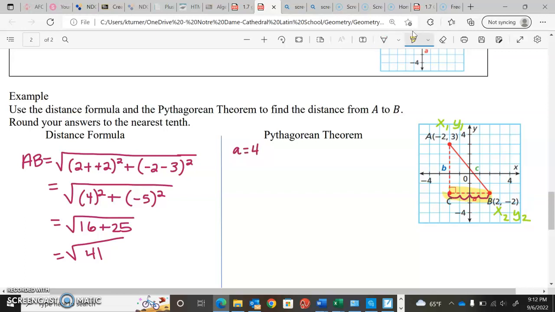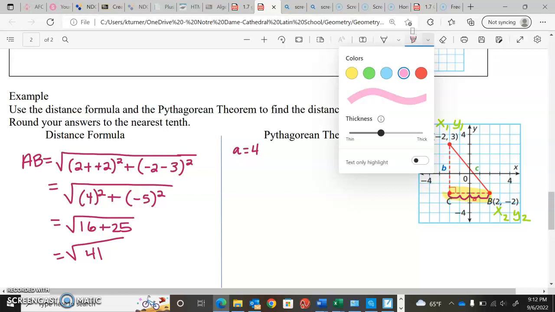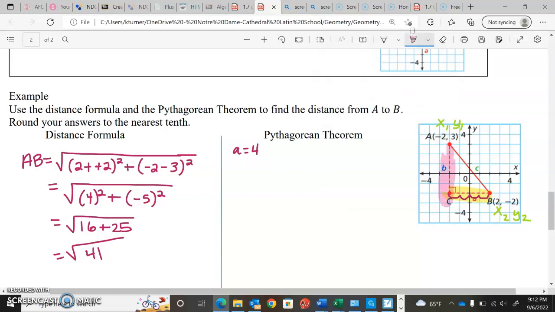And then B is the other leg over on this side. And because it's a vertical line segment, all I have to do again is just count the units. So that's 1, 2, 3, 4, 5. So B equals 5. And then C is our unknown.